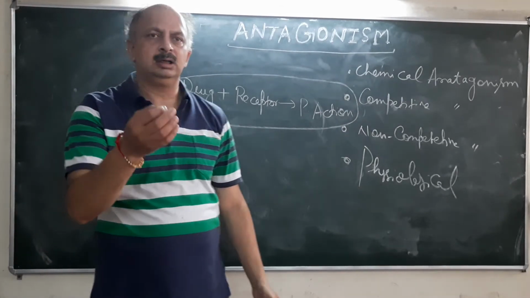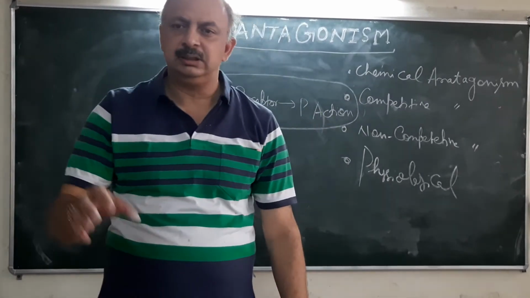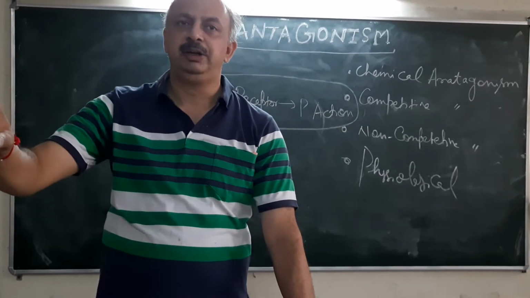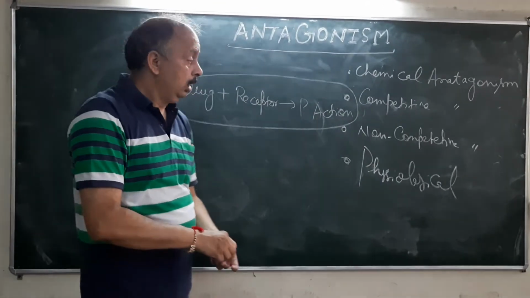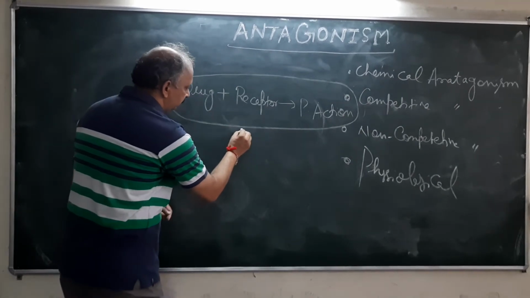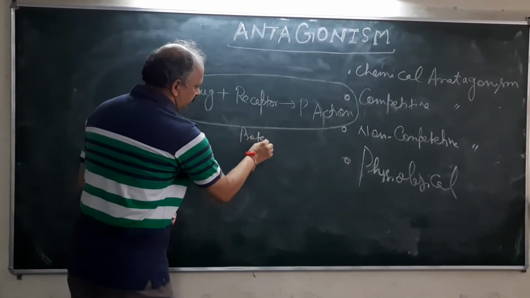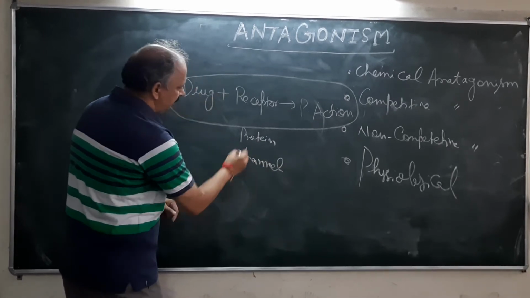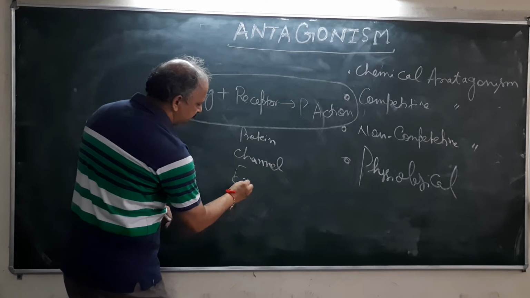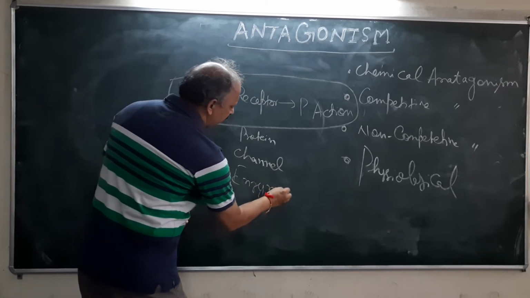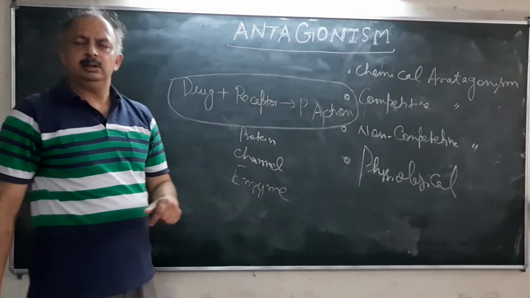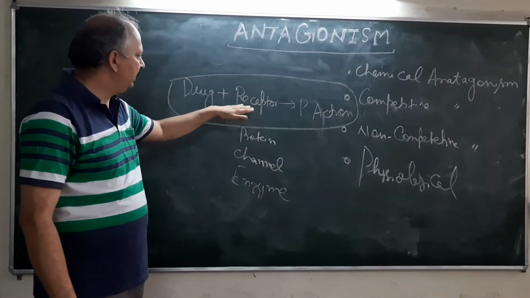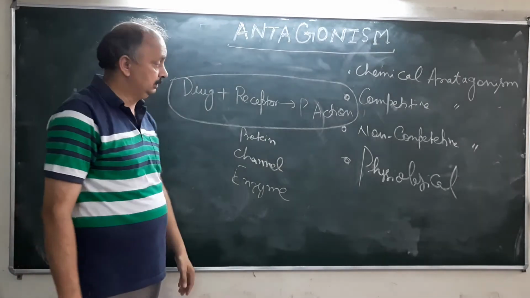जब तक ड्रग किसी भी पर्टिकुलर रिसेप्टर के साथ जाके बाइंड नहीं करेगी, it is not showing any effect to the human body. So the receptor can be a protein, receptor can be a channel, receptor can be an enzyme, to show the pharmacological action.